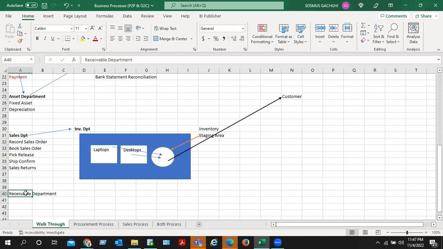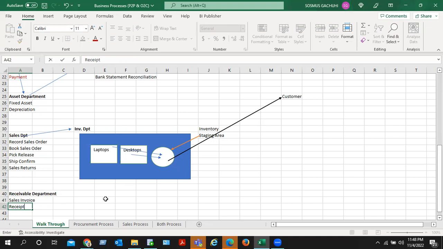And the receivable department will maintain the sales invoice. And also, once the customer has paid this sales invoice, the receivable department also maintains something we call receipt.